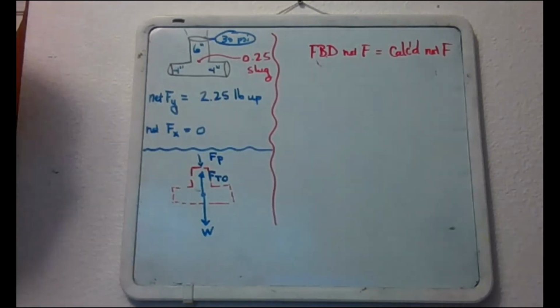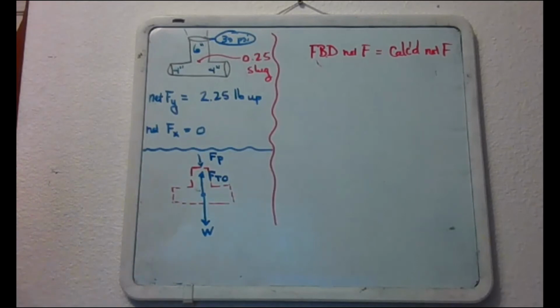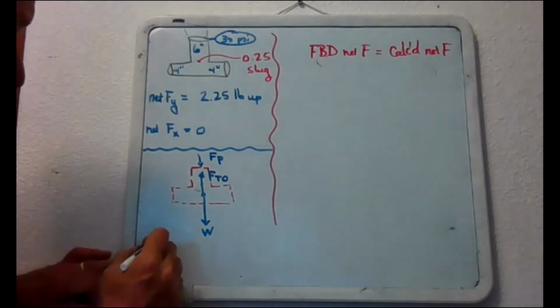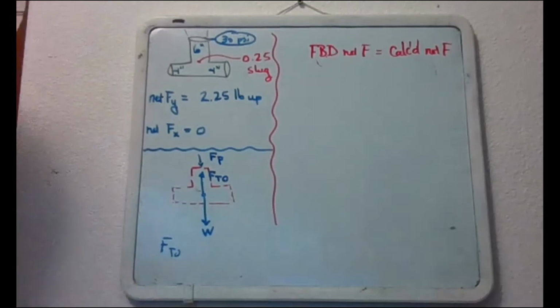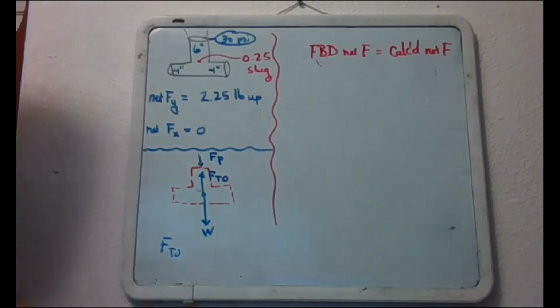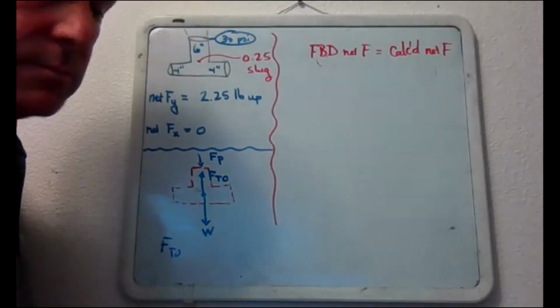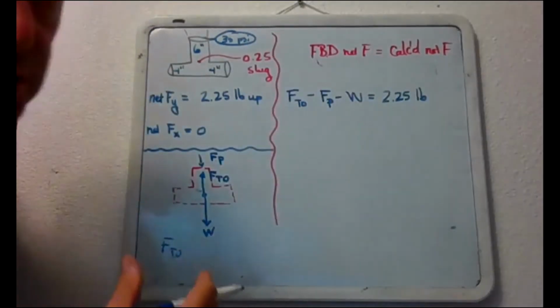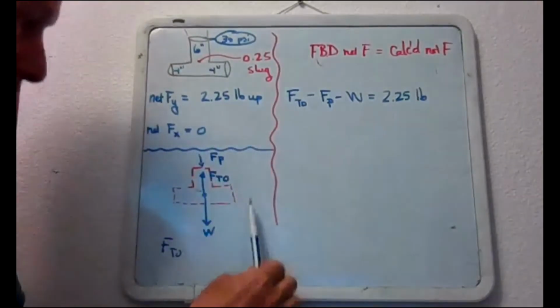If you want to pause, I think our goal basically is to come up with a number for the force of the T on the oil. You have everything you need there. I'll be working it out. Again, I encourage you to pause and see if you can work this out yourself. All right, so a first step, the net force is up.